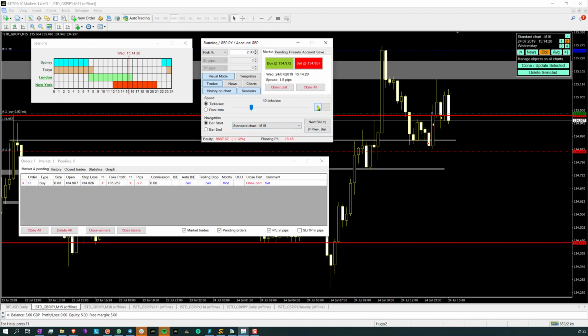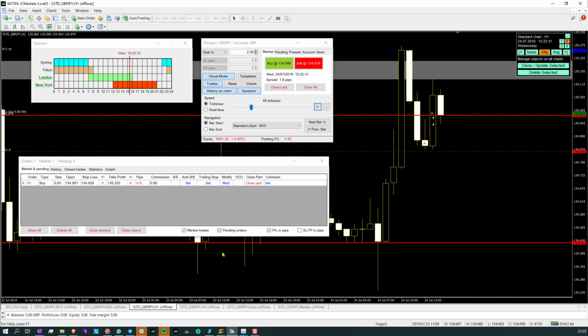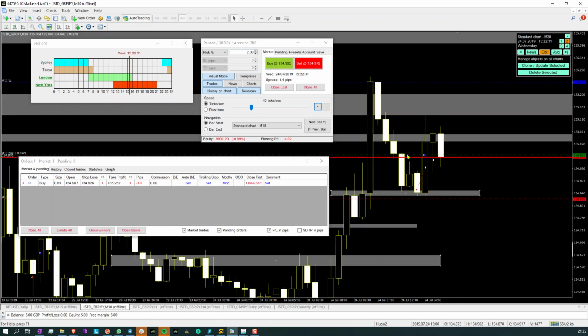We are about to close the M15. You see the 1 hour. 1 hour is just a wick down. M30 is still inside. If we break this M30 low, I'm out.